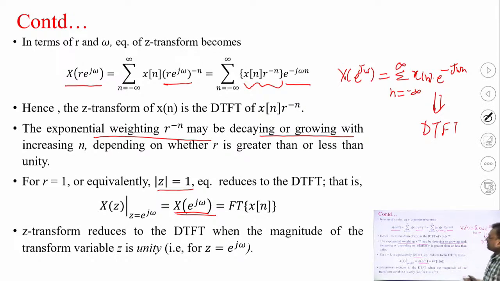For this we need the concept of ROC, to know under which condition we can put z = e^(jω). We cannot always put this value; we can only do it when we can take the Fourier transform of the signal. So the z transform reduces to the DTFT when the magnitude of the transform variable z is unity, or |z| = 1.